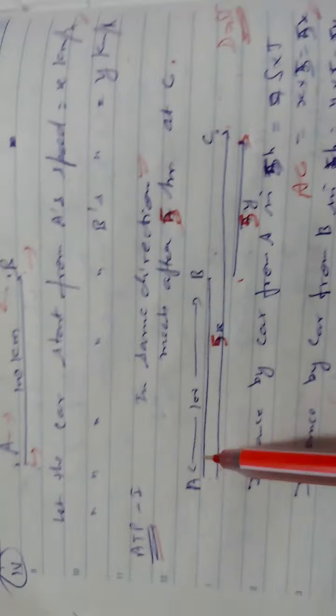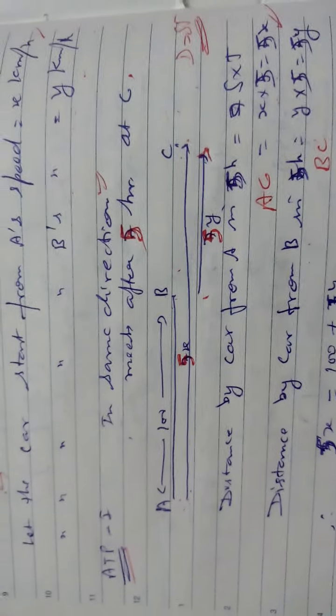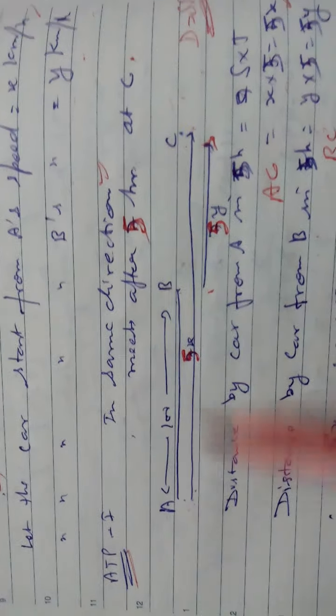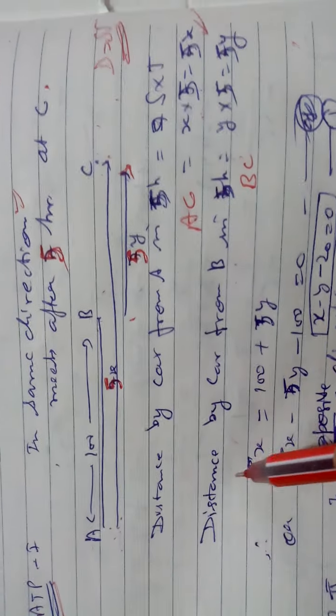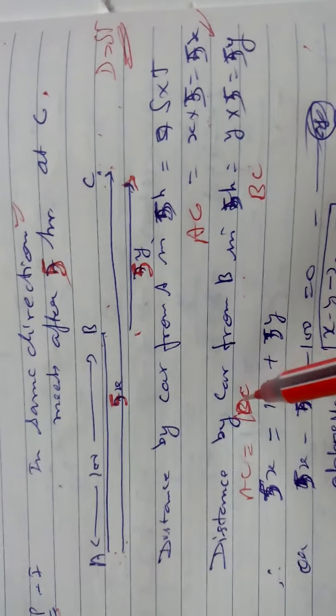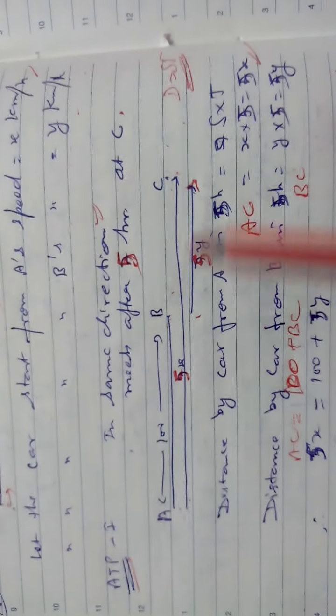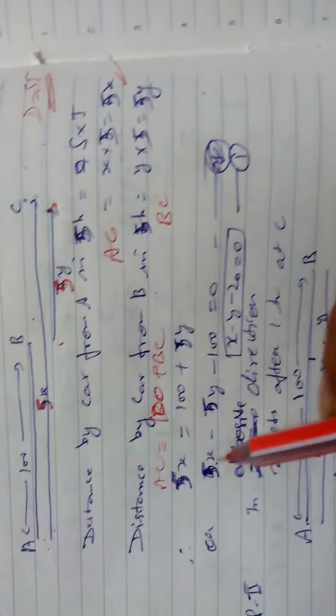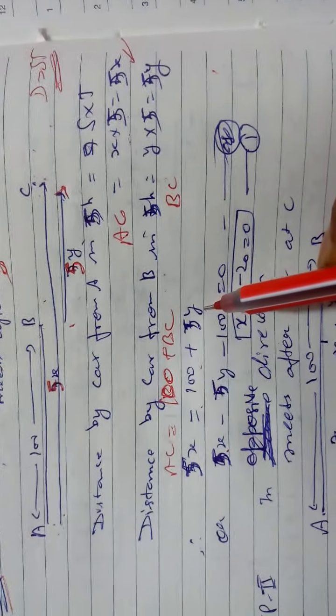Now what is the relation between AC and BC? AC is equal to AB plus BC, 100 plus BC. AC is from A to C, BC is only from B to C. So AC means AB plus BC. So 5x is equal to 100 plus 5y.